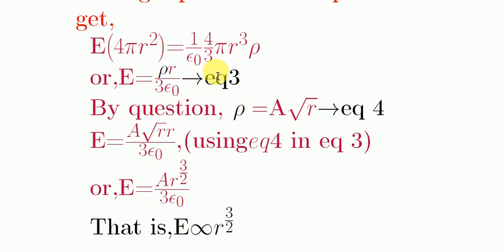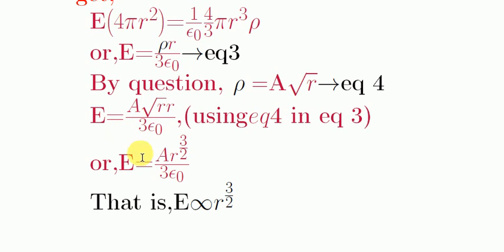Next, if we simplify it, we can easily write A by 3 epsilon 0 times r to the power 3 by 2. Because root over small r means r to the power half, times small r means r to the power 1, so we get r to the power half plus 1, which gives us r to the power 3 by 2.